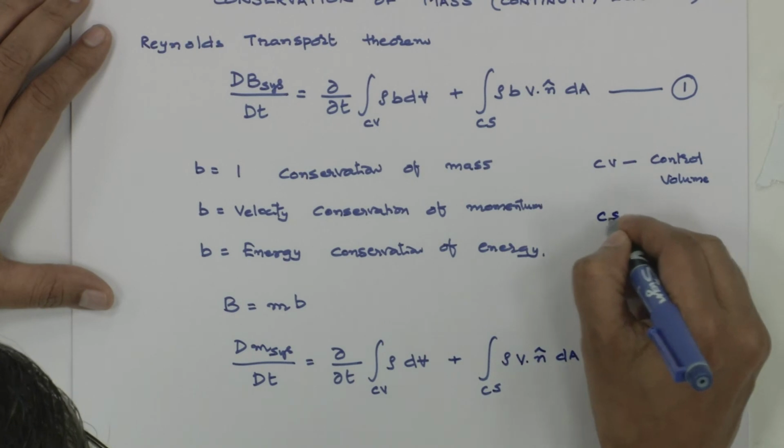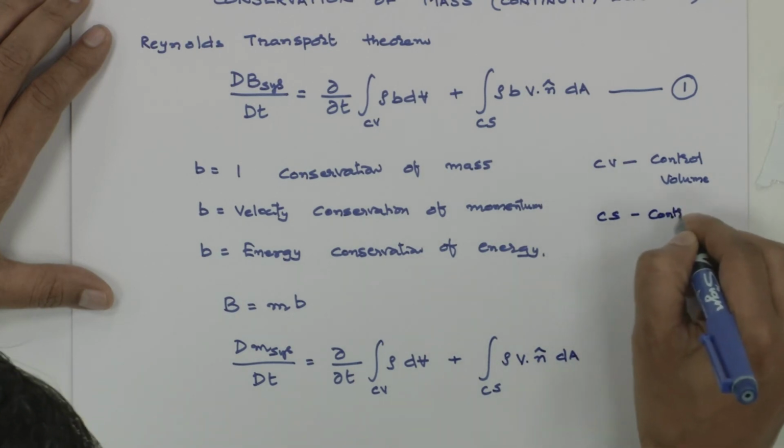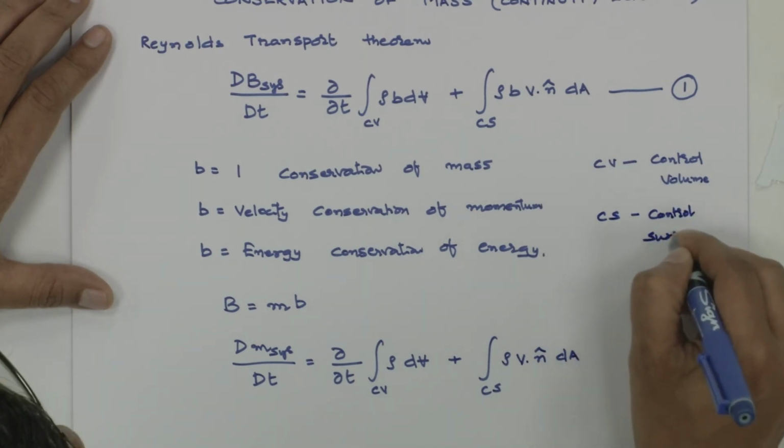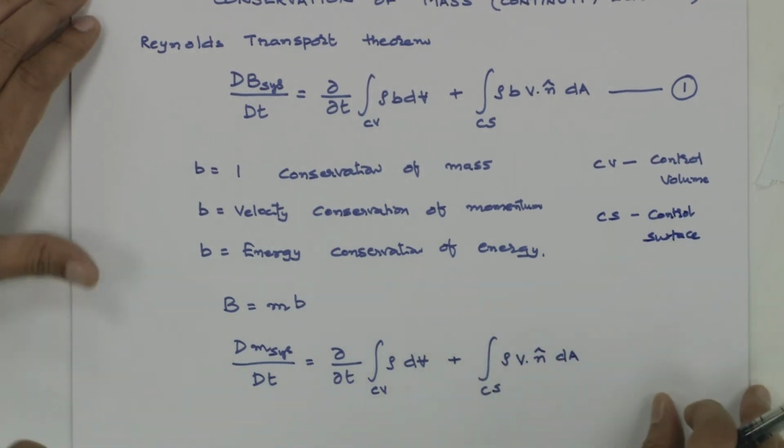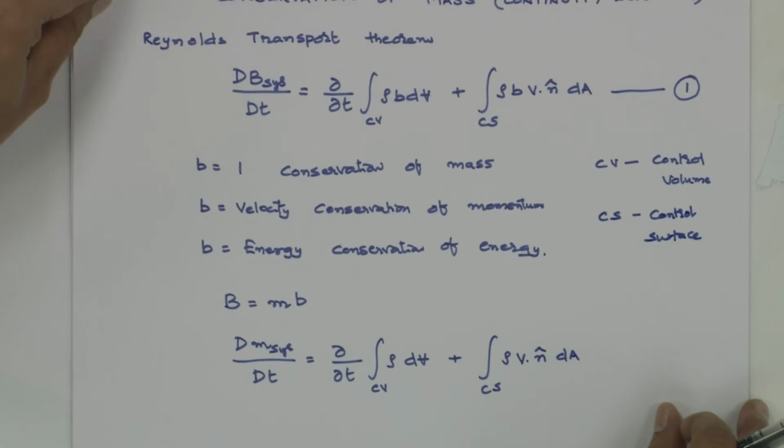CS is for control surface, that is the mass flow rate flowing through the control surface, that is this term. Now let us see what this equation becomes.